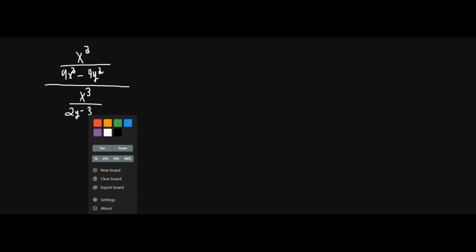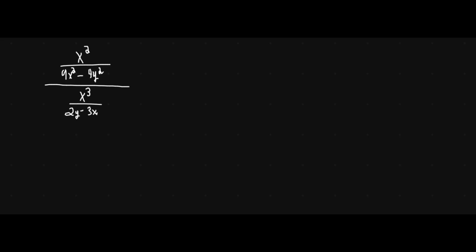So we have x squared over 9x squared minus 4y squared, all that over x squared 3 over 2y minus 3x.